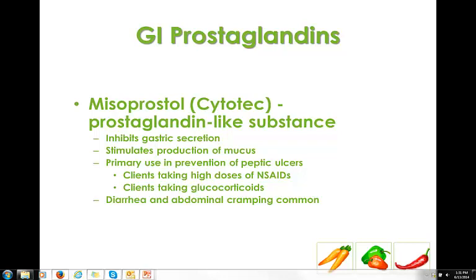Some of the things we need to assess prior to use: are they pregnant? Because misoprostol, since it's a prostaglandin-like substance, can induce labor. And we want to check their bowel pattern because it can cause diarrhea and abdominal cramping. We want to know what was occurring before, to know, is this a problem with the medication?